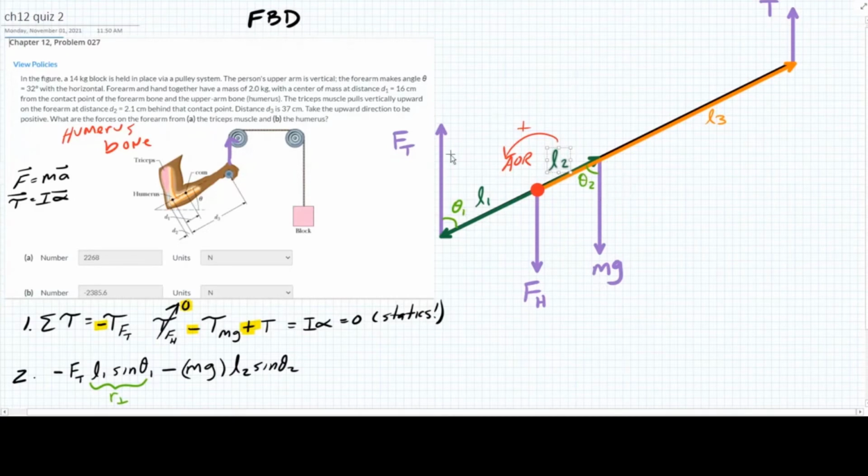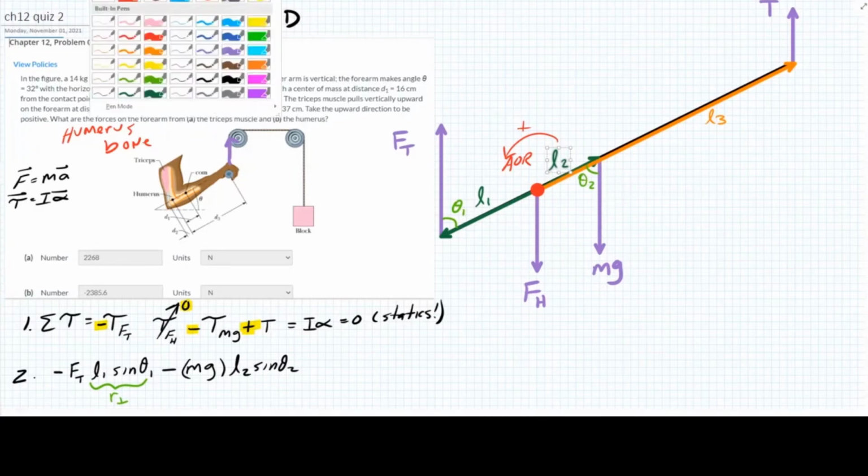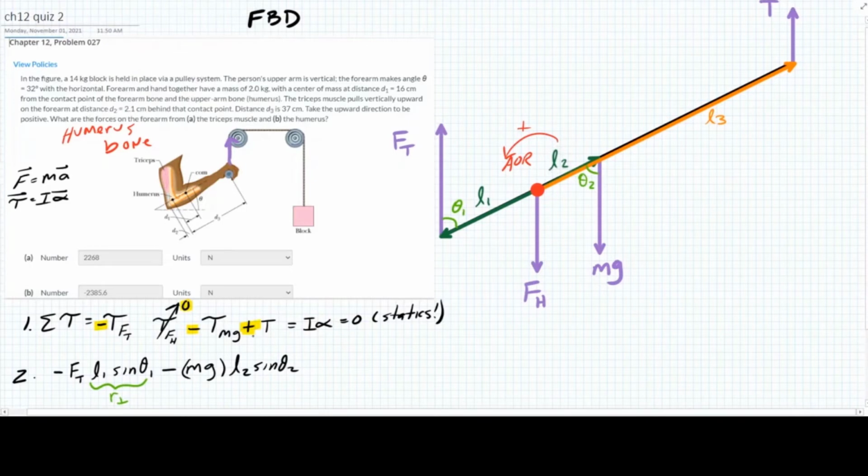All right, last but not least, this should have been the torque due to tension. This is torque due to tension, T. Okay, so making that update plus the force, which is this tension force, times its position vector, L3, times the sine of the angle between those two vectors.